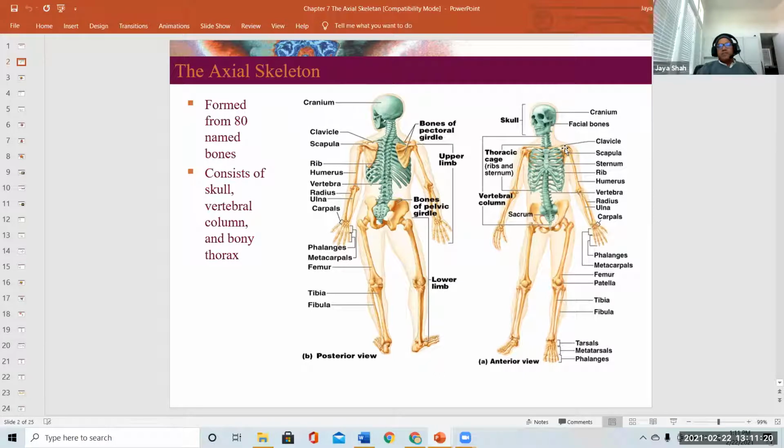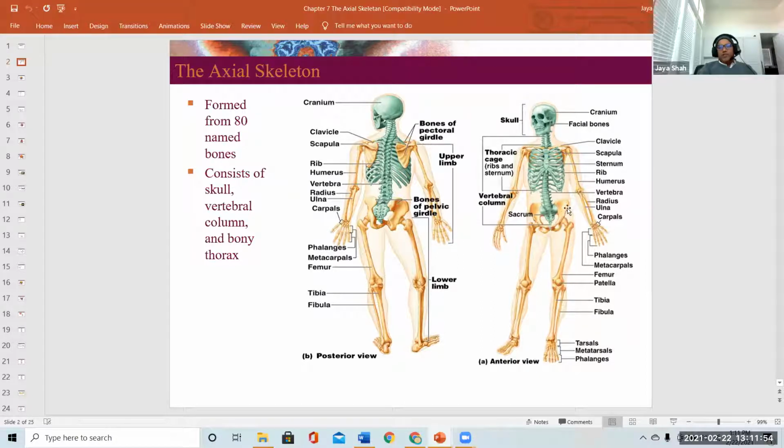So upper limbs has the pectoral girdle, which is clavicle, scapula, and then upper limb: humerus, radius, ulna, and then wrist bone is carpals, and then palm bones are metacarpals, and the finger bones are phalanges. Okay. The pelvic girdle and lower limbs.